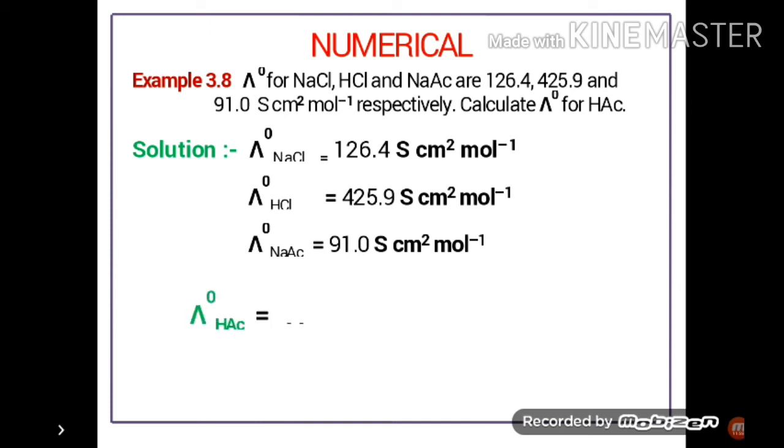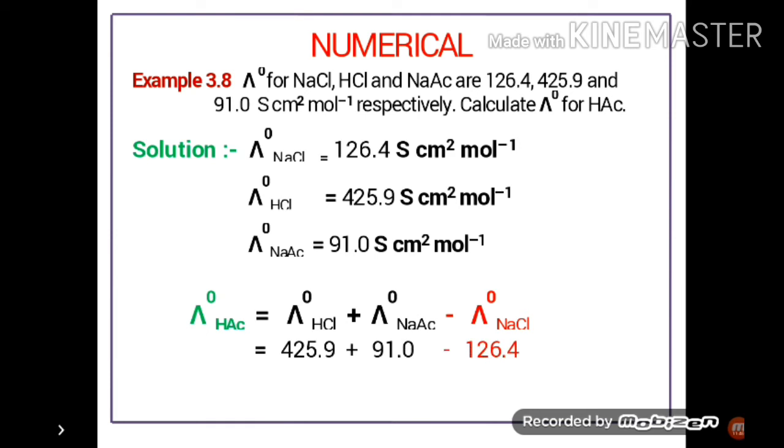We will write this equation: lambda naught HAc is equal to lambda naught HCl plus lambda naught NaAc minus lambda naught NaCl. Put the values and then you will find the answer. The units are given in the question. So this is the application. Okay, numerical part. Now see.